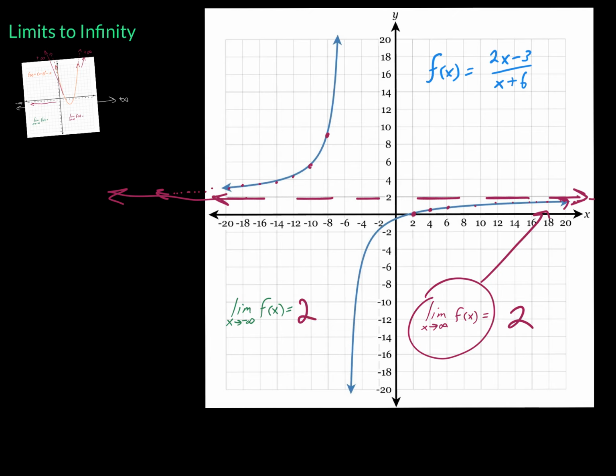You may remember from last year that when the limit of your function as it's traveling towards the infinities equals a numeric value, that's your horizontal asymptote. We have a horizontal asymptote at y equals 2, or f of x equals 2. And I think you can see that. I already drew it in.